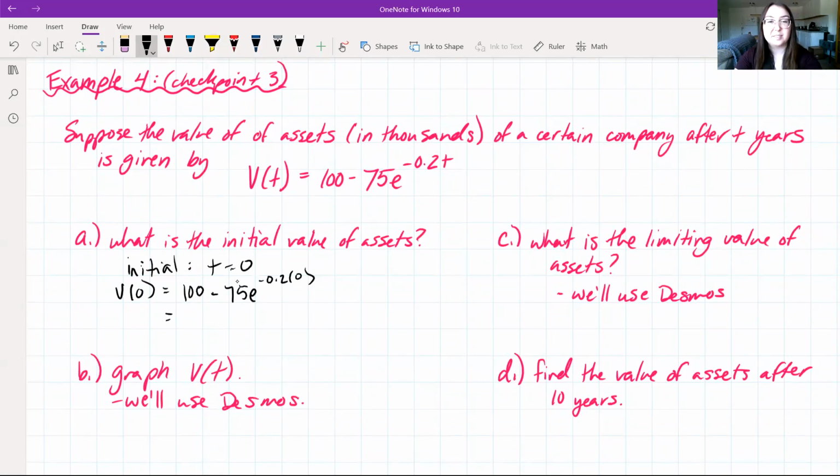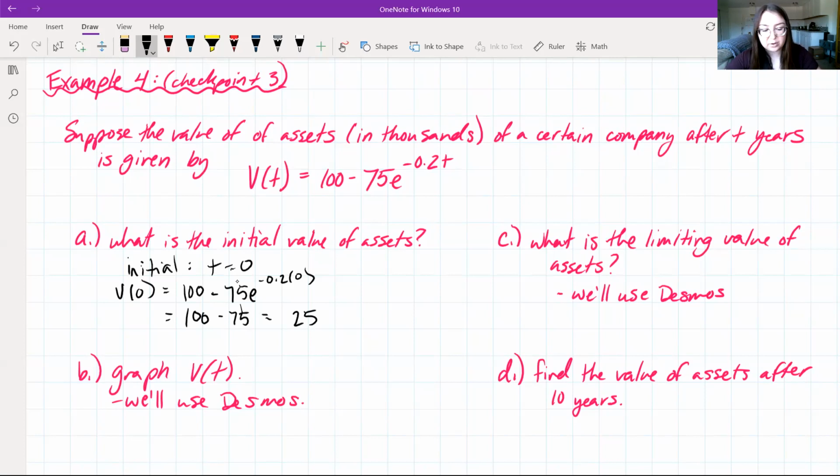We know that negative 0.2 times 0 is 0, so e to the 0 power is 1. So we are essentially left with 100 minus 75, which is 25. So our initial value of our assets is 25. This is in thousands, so it would be 25,000.